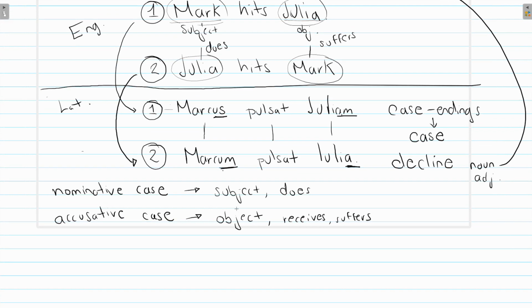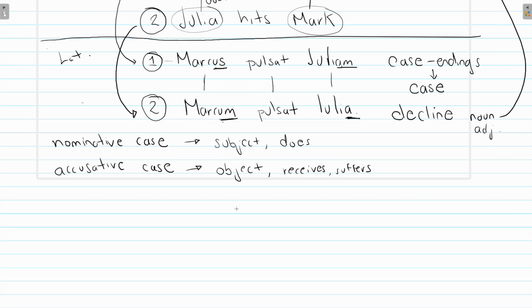Now, I will tell you, in Latin we actually have 6 cases. You don't need to memorize them right now, but you have to be aware that there are 6 cases, and declining a noun in each of them will assign to that noun a different function in a phrase.